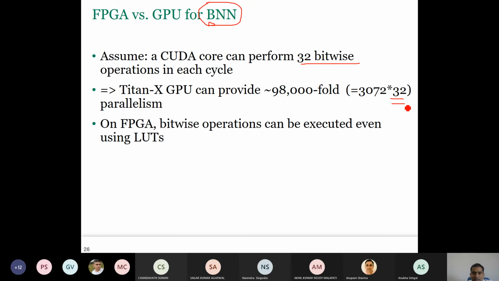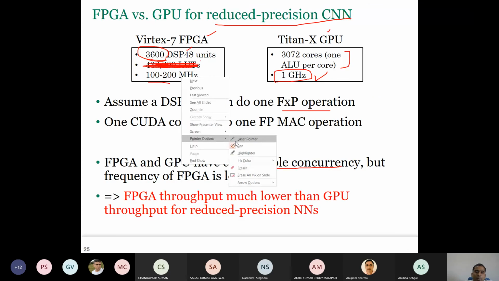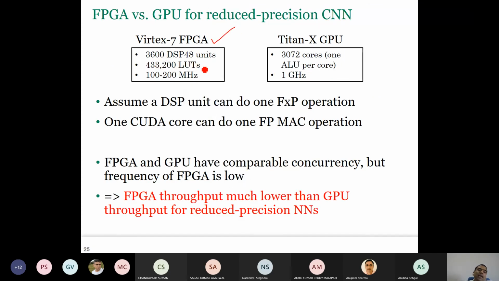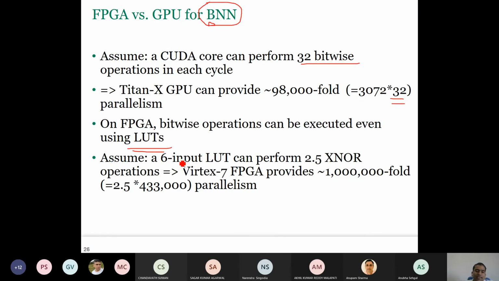Okay. Whereas on FPGA, now you're doing bitwise operations, they can be executed even using LUTs. So previously we were not able to use these LUTs, which were too many. See, FPGAs have too many LUTs, lookup tables. We were not able to use them. Now let us try to use them. Assume that a 6-input LUT can perform 2.5 XNOR operations.